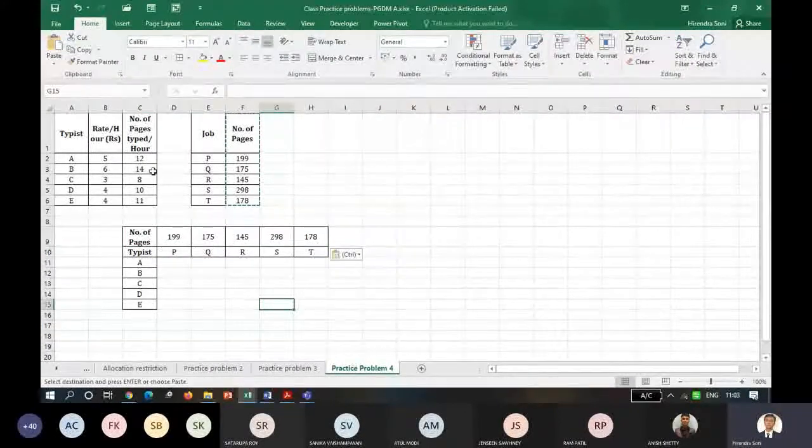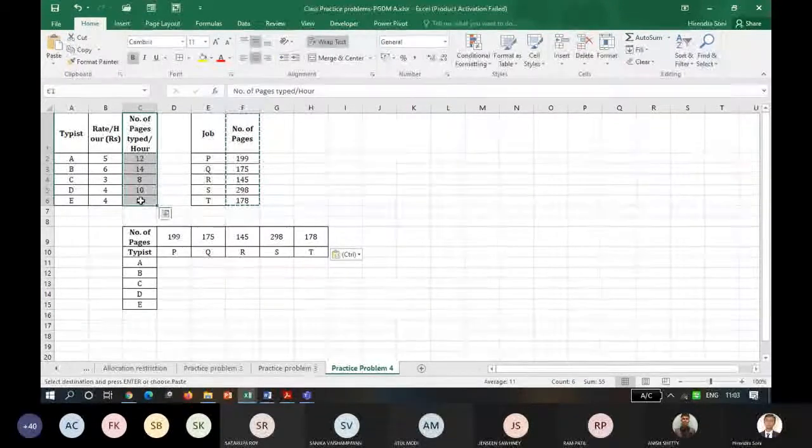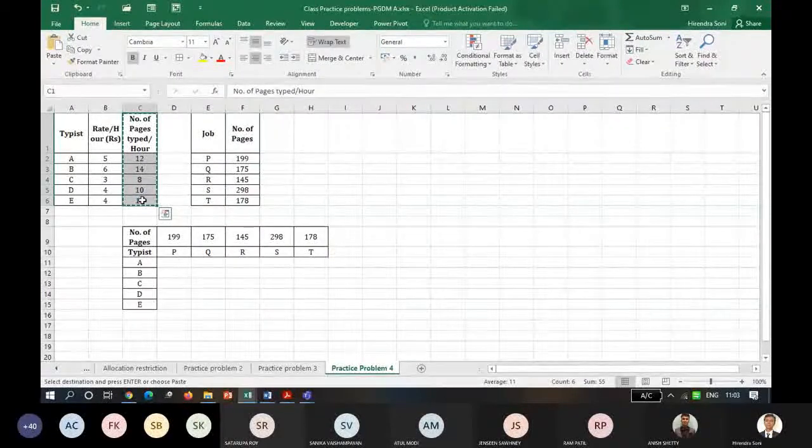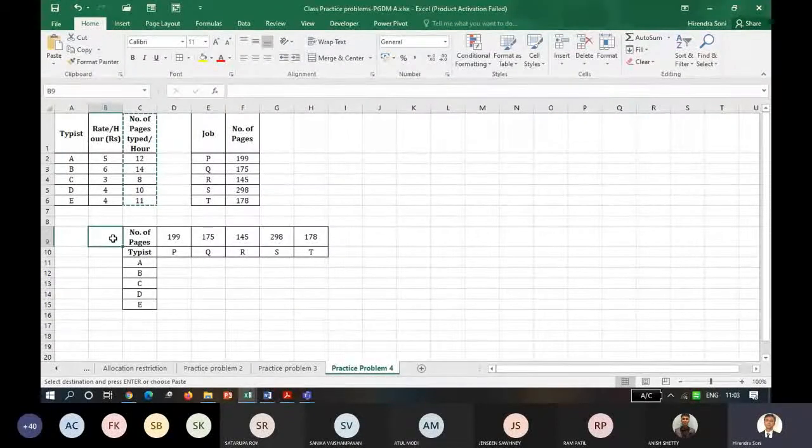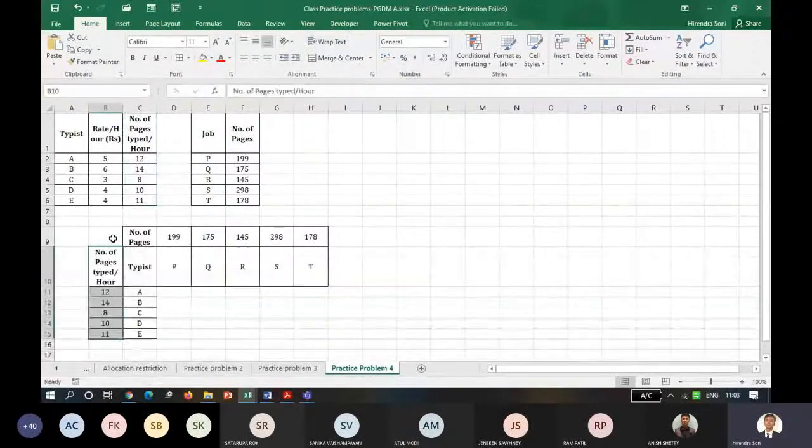This is their speed. तो मैंने स्पीड इधर डाल दिया. उनका रेट that means charges.